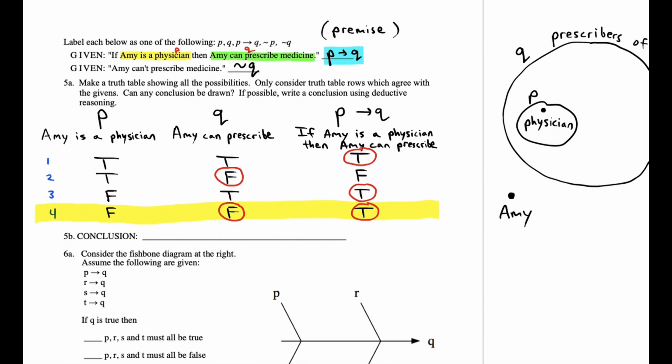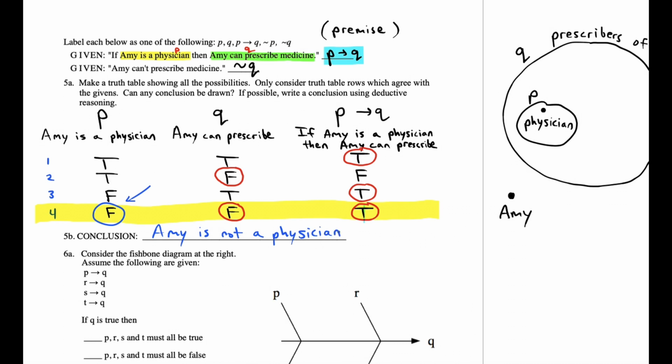This part says being a physician leads you to being able to prescribe. But Amy can't prescribe. Therefore, can we make a conclusion about her status as a physician? We can. She must not be a physician.